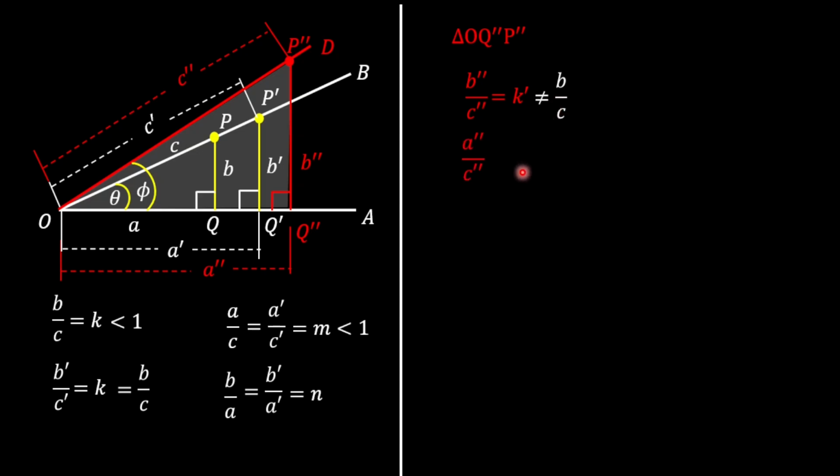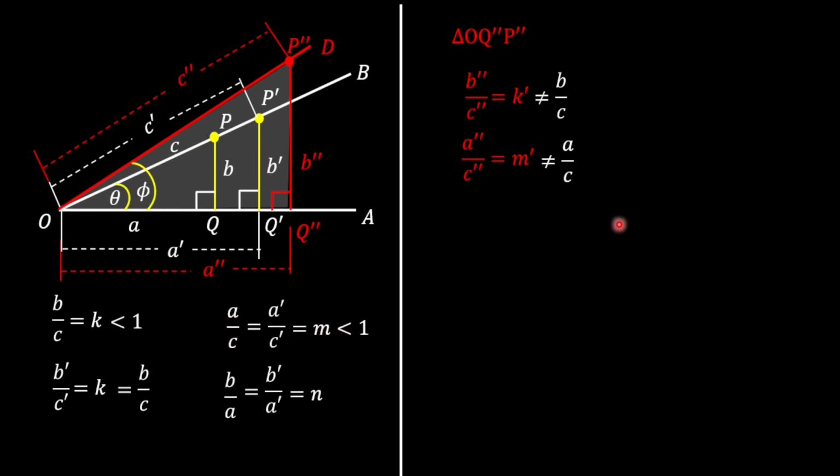Similarly, if I take the ratio of the base to the hypotenuse of the double prime triangle, then it equals a real number m prime, which again is different from the real number m. That means it is not equal to the ratio of A by C, that is, not equal to this equation.